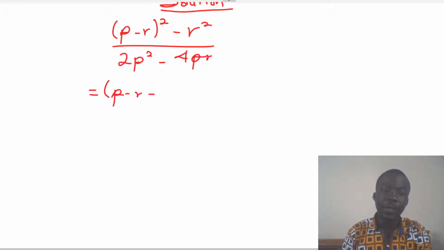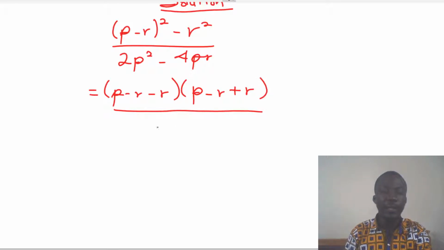Then in our first bracket we will use minus r. Then p minus r plus r, divided by, at the denominator we can factorize 2 between 2 and 4, and p squared and p. We can factorize 2p here.